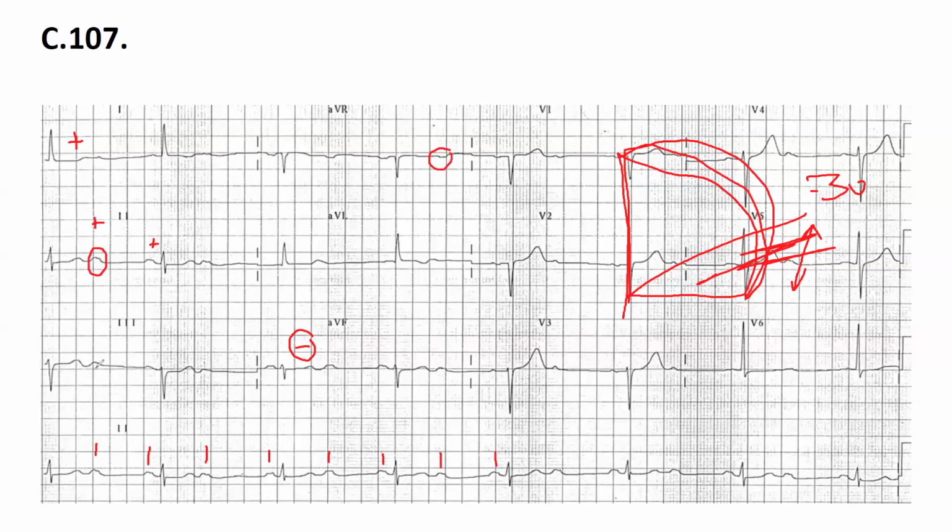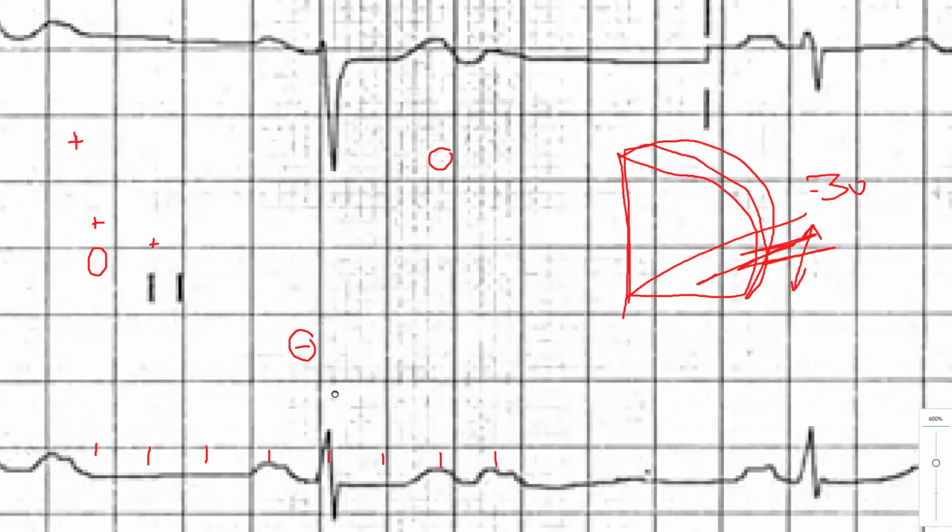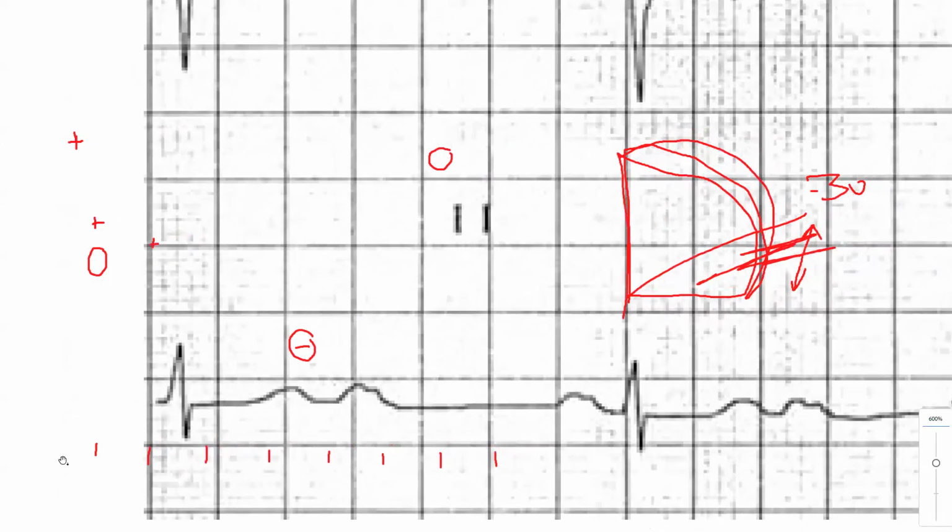Now, we haven't touched on this yet, but if you get closer to this P wave, you can see that this P wave is wide and the shape is notched, biphasic. This is a sign of a left atrial hypertrophy. We haven't discussed it yet, but it will come.